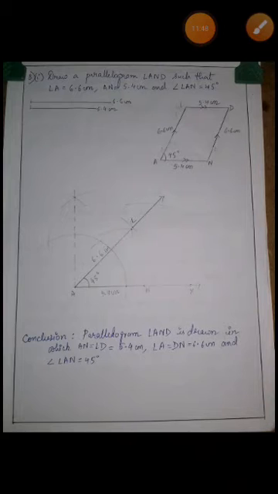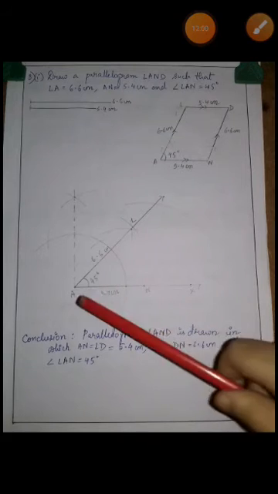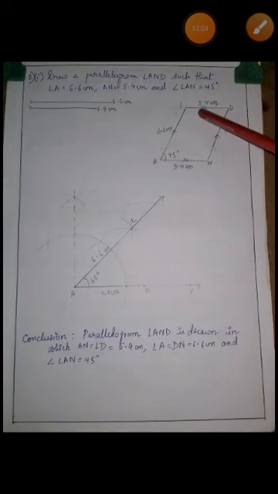Now another vertex that is required is D. Now see, by the property of the parallelogram, the opposite sides are of equal length, right? So AN is 5.4 centimeter, so LD should also be of length 5.4 centimeter. So you are going to take the measurement of 5.4 centimeter.